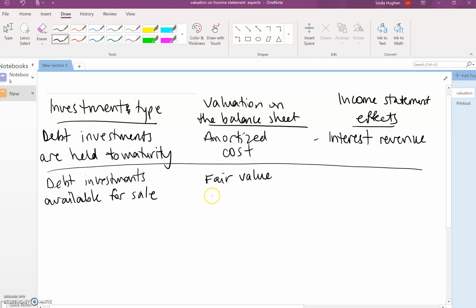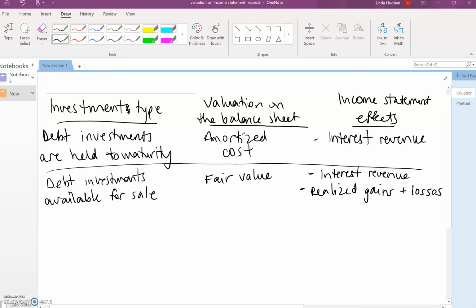But as a compromise, we say that those unrealized gains and losses do not need to go directly into net income. One thing that the income statement will report, of course, is the interest revenue. All debt investments are going to have interest revenue being reported on the income statement. Of course, when these securities are sold, we're going to see realized gains and losses going through net income.